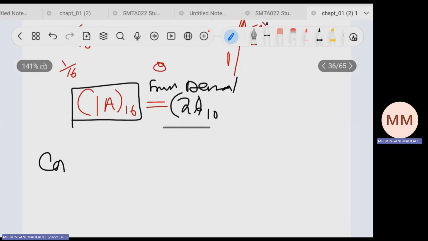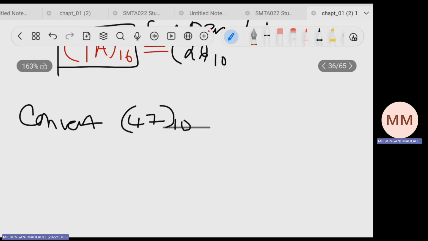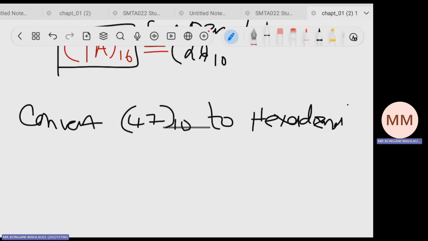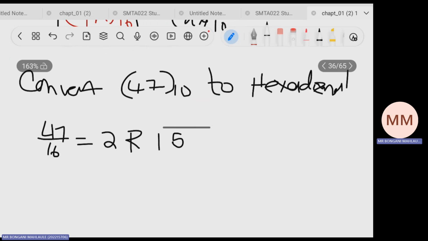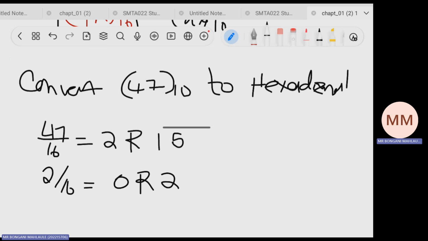Now, if they say convert 47 base 10 to hexadecimal, that will be 47 over 16, which is 2, remainder 15. 2 divided by 16, 0, remainder 2.